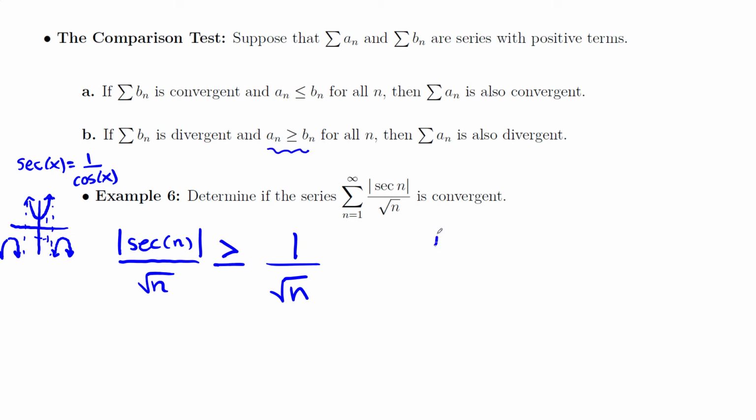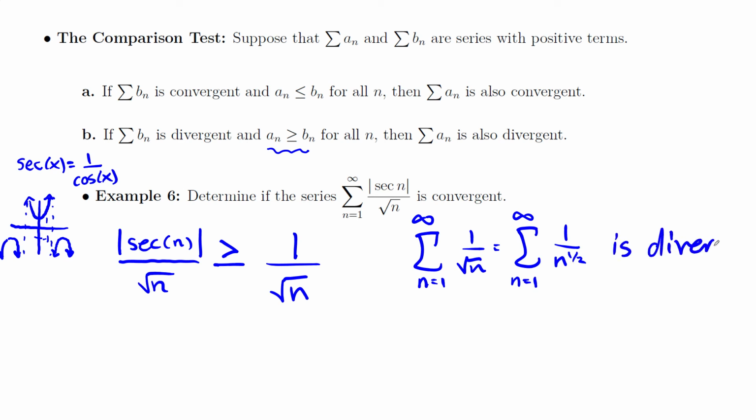So is this series divergent? Well, yes, it is, because remember, the square root of n is the same as n to the 1/2. So we can say that that is divergent because it is a p-series with p less than 1.